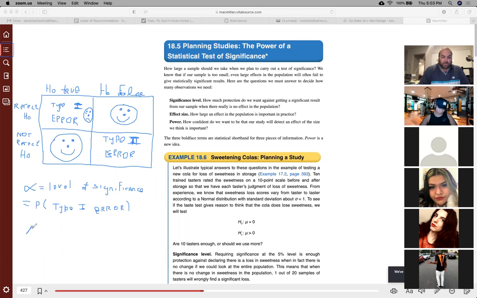Beta is equal to the probability of making what? A type 2 error.